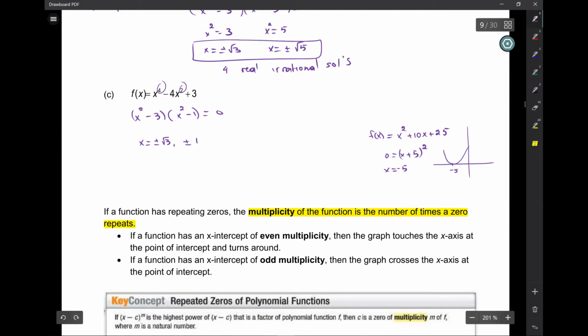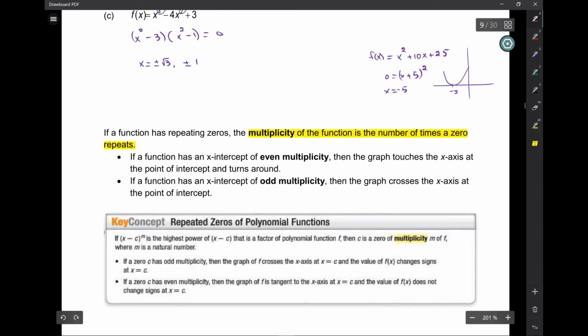Okay, so here is multiplicity. If a function has an x-intercept of even multiplicity, so to the power of 2, this has a multiplicity of 2. The graph touches the x-axis at the point of intercept and turns around. So just like this one, it touches it and then it turns back around.